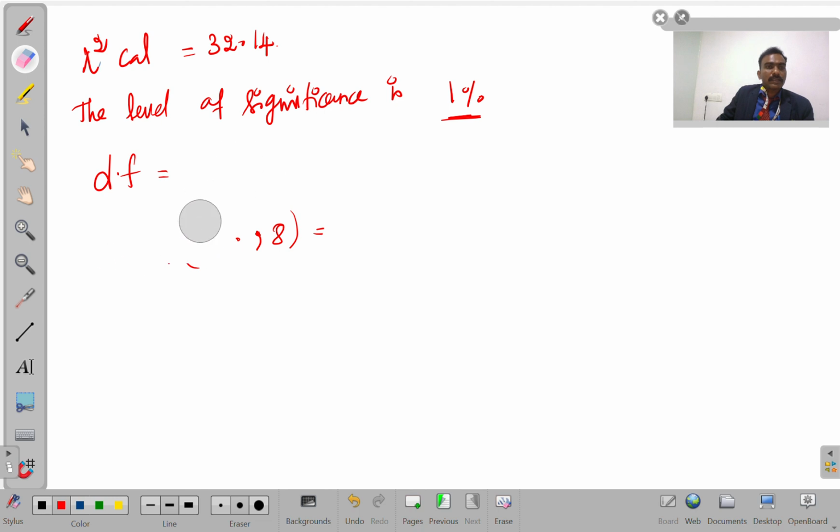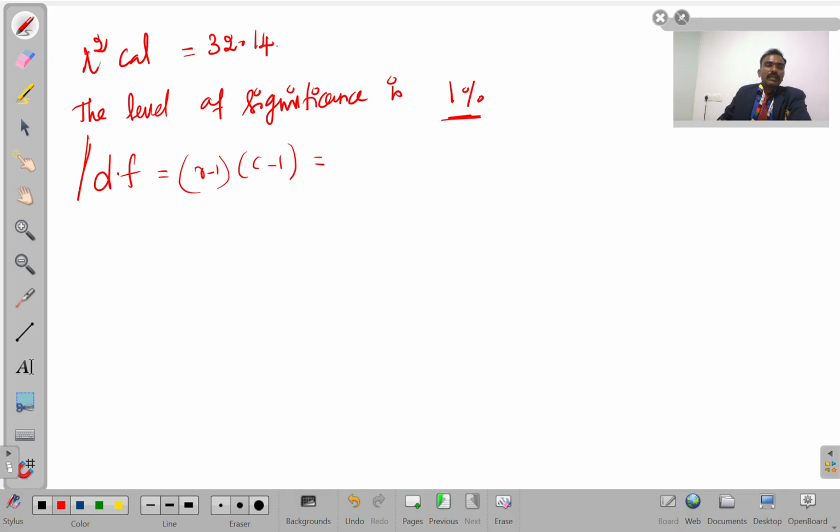Here, since it is independence of attributes, the degrees of freedom is (row minus 1) into (column minus 1). If there is only one set of observed data, we can use degrees of freedom as n minus 1.